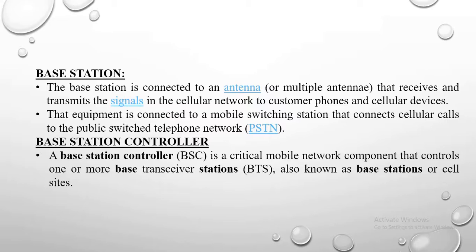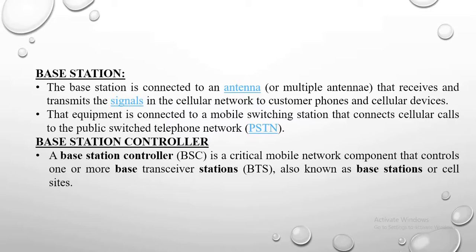It is connected to an antenna. It receives and transmits the signal from your network cell. Whenever you dial the call, that call signal reaches the base station, which is nothing but an antenna. It receives and transmits that signal to other customer phones or cellular devices.